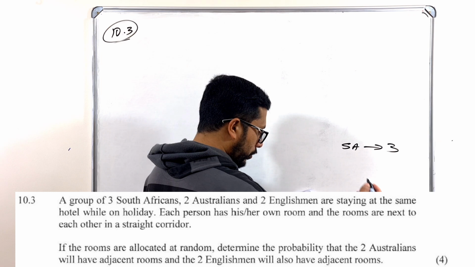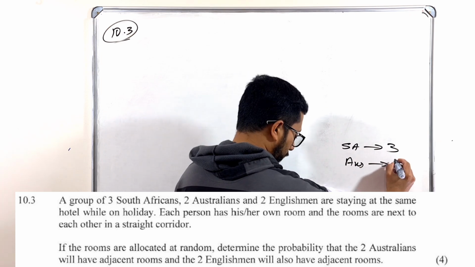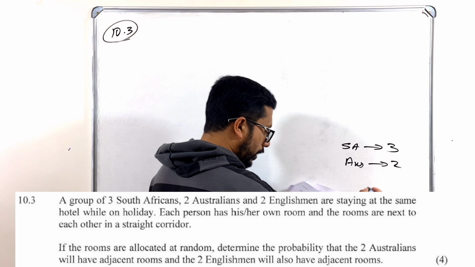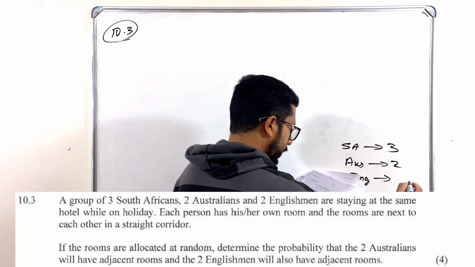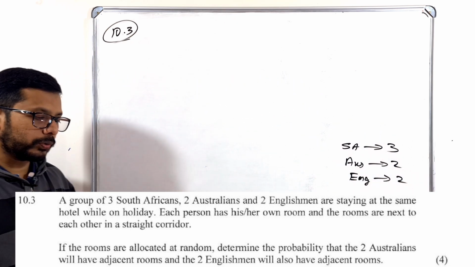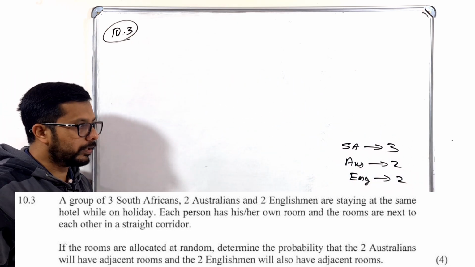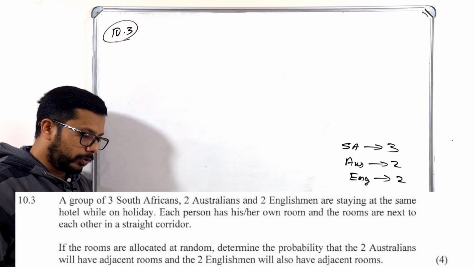How many Australians are there? There are 2 Australians. How many Englishmen are there? 2.